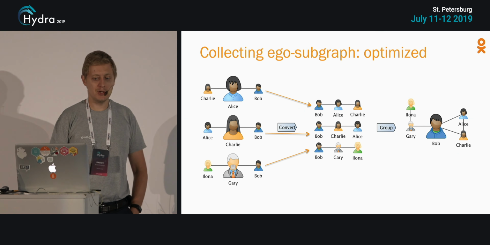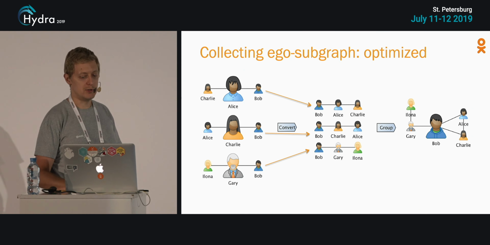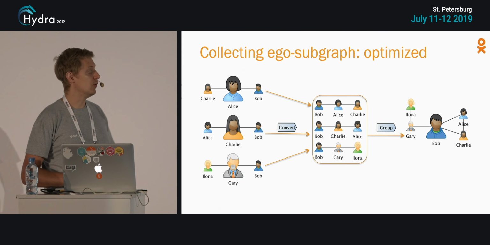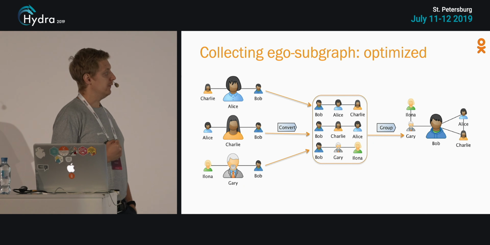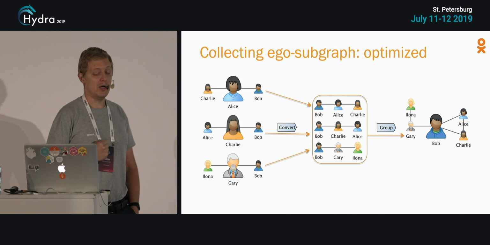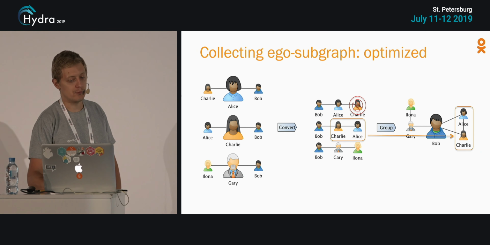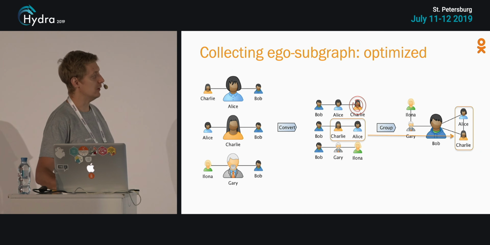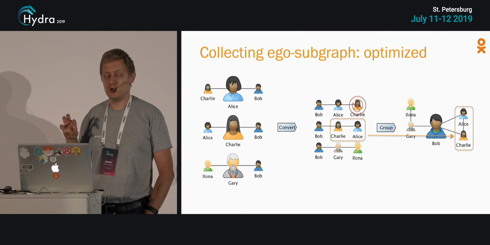Just in one go, we can create all these triples, and then group them, constructing the entire subgraph. If we also apply additional filtering, for example, if we do not emit an edge from Alice to Charlie, only from Charlie to Alice, it doesn't cause any information loss.